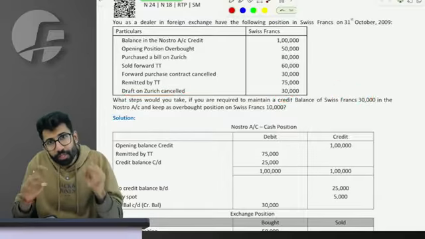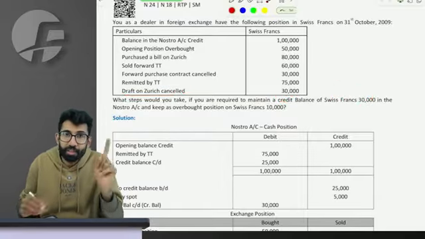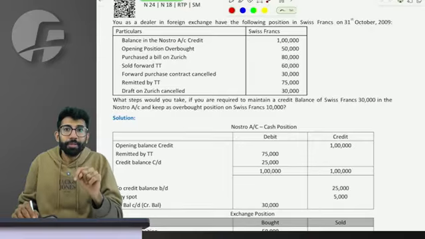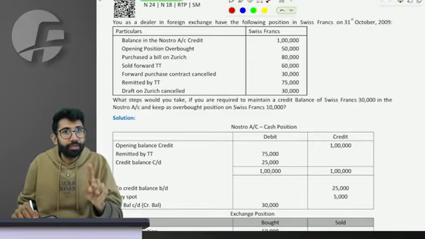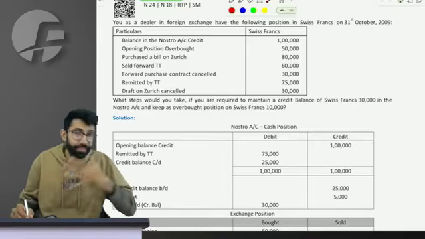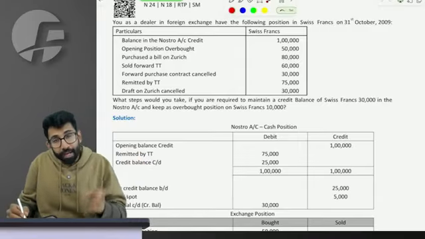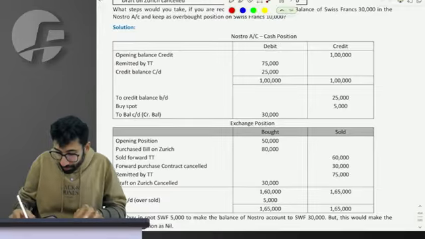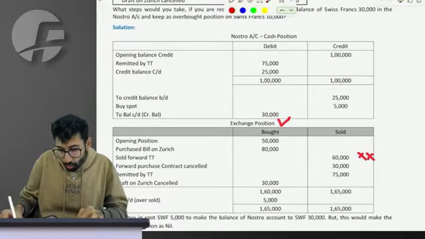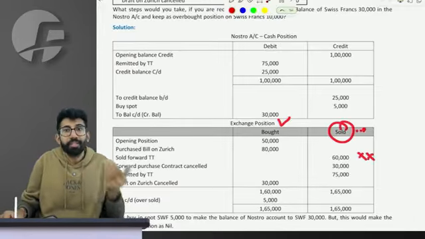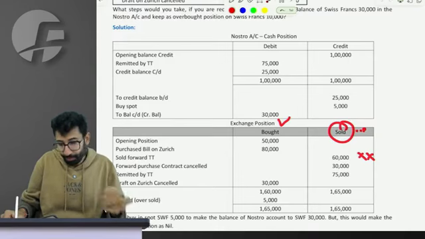When the draft was issued, please understand, do you people agree? At the time of issuing the draft, I knew that I have received the rupee against which I'll have to pay the Swiss franc on a future date. I must have shown that in the exchange position in the sold side, because that outflow had to happen, right?